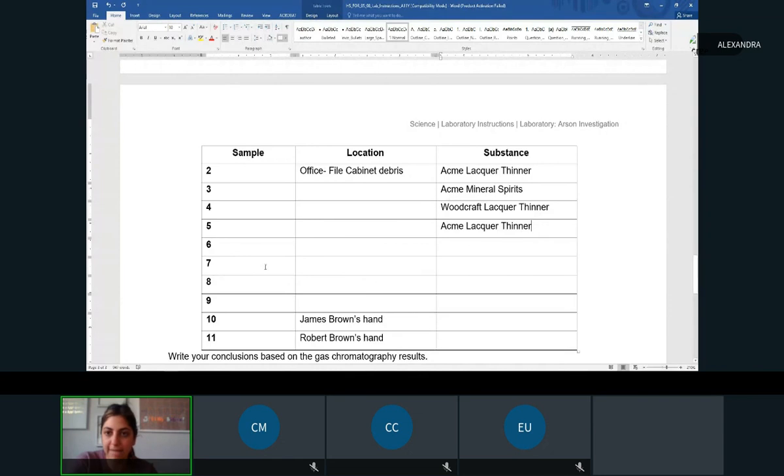Great. Did I miss 6? Nope, Elena, you got 6. So 6 was the Showroom Wood Storage Chest that had Acme Lacquer Thinner.